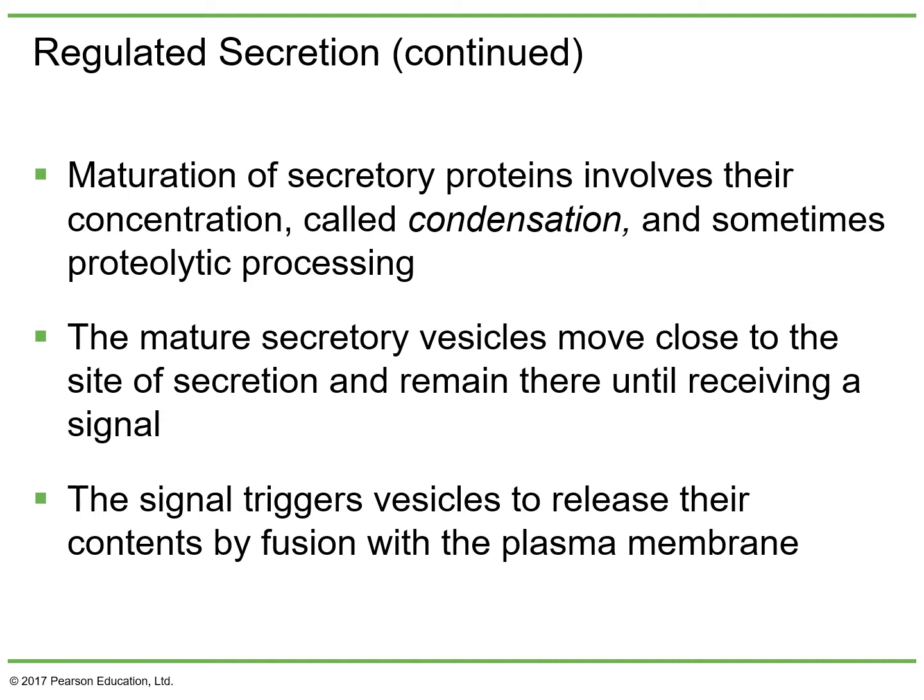The mature secretory vesicles will then move close to the site of secretion. However, they remain near the plasma membrane until there is a hormone or a chemical signal that will trigger their release by means of fusion with the plasma membrane.